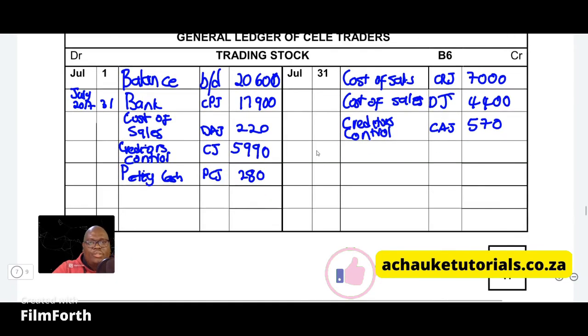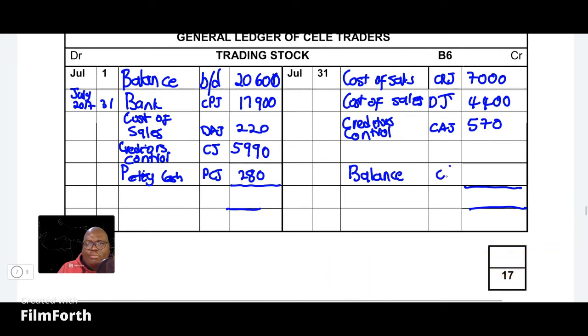Okay, so let's check which side is big. You can already see that this side is going to be small, so we can have our total here. And then on the 31st of July here, we can have balance carried down, since this side is going to be very small. And then we add the debit side because it is the bigger one.